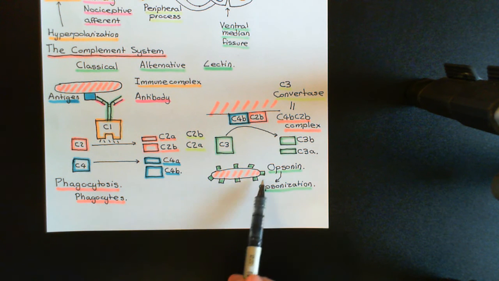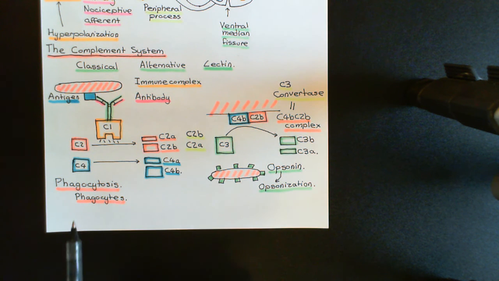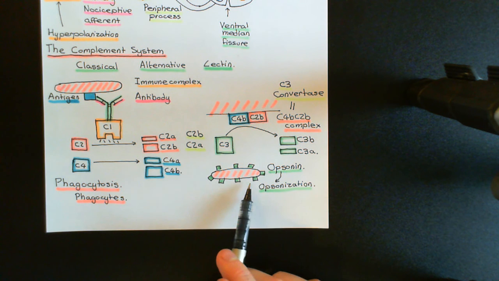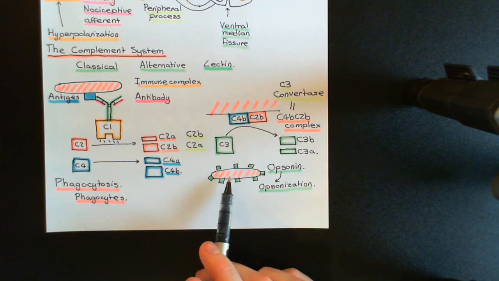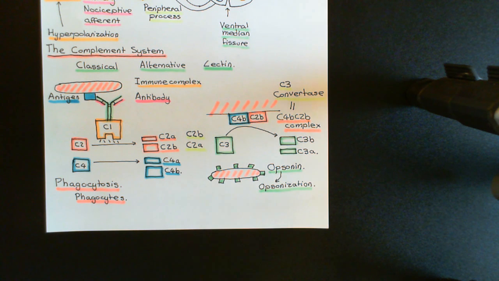It's like we're coating the pathogen in sugar, and we hugely increase the probability that the phagocyte, which is moving past, will actually phagocytose it. If you imagine that the phagocyte has a certain probability when it comes close to a pathogen of phagocytosing it, then that probability is hugely raised by having the pathogen coated in C3b. So that's what we mean when we say that C3b is an opsonin.